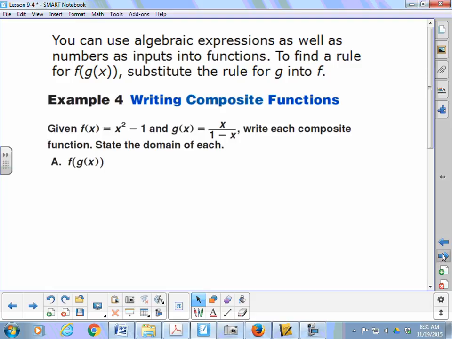We're replacing all the x's in f of x with the function that is g of x. So we're not putting a specific number in there, just taking the function itself.